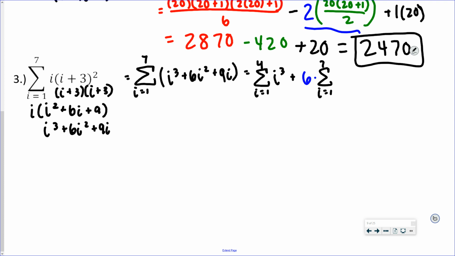Oops, where did I get the 4? It's supposed to be the 7. Shortcut for i squared. Plus 9 times i, so I'm going to bring that 9 in front, times the sum, so I have a shortcut for i. You guys getting pretty good at drawing those sigmas?